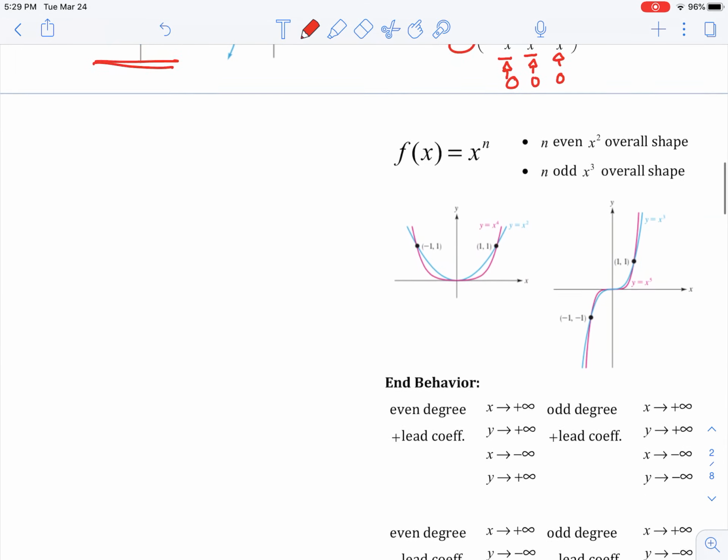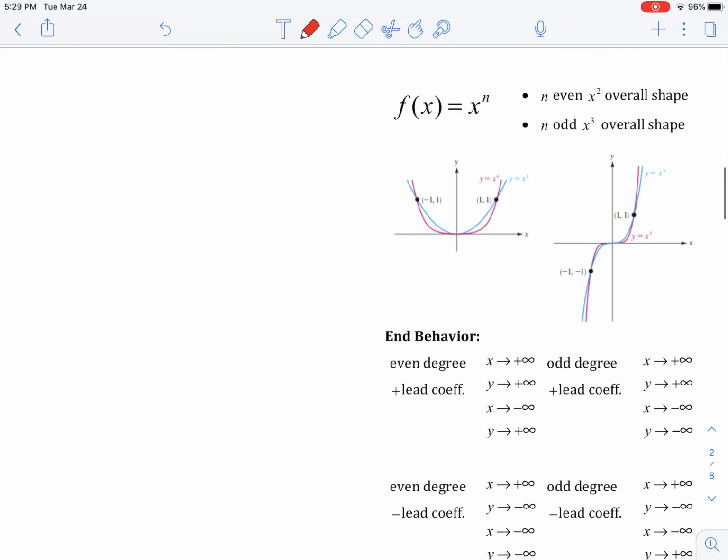So if we keep that idea and we look at the general idea of f(x) = x^n, for all of our polynomial functions where n is an even number, if we look at this blue graph here of x squared, the pink graph of x to the 4th, if I were to graph x to the 6th or x to the 8th, basically I'm just looking at forms of x squared.